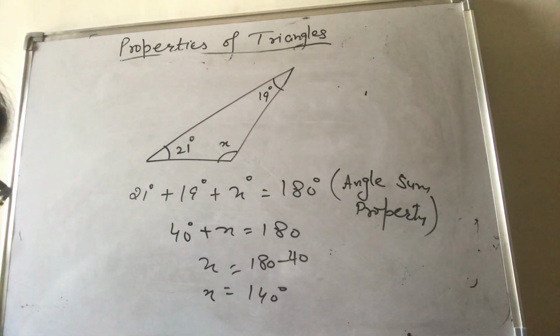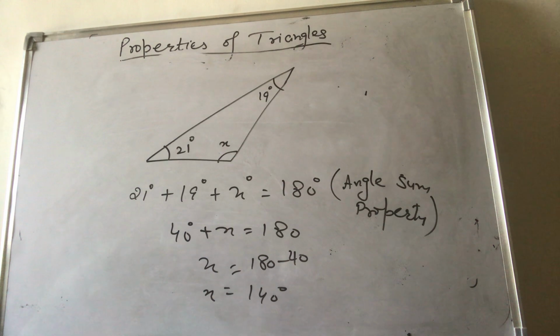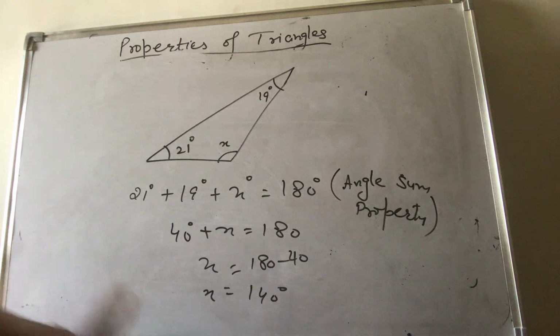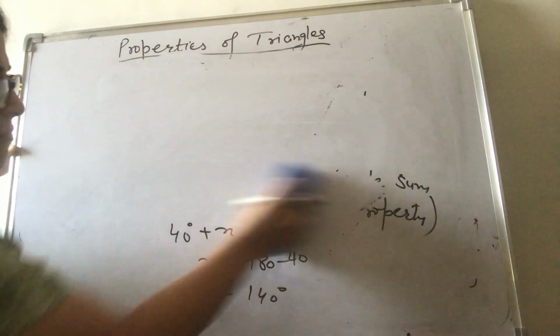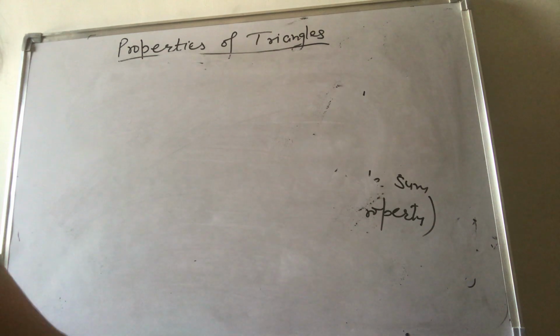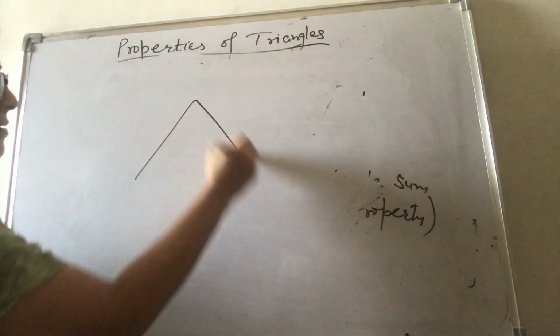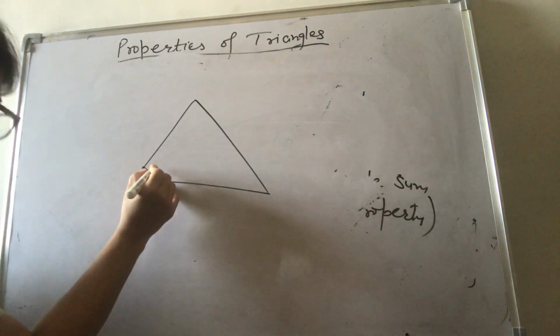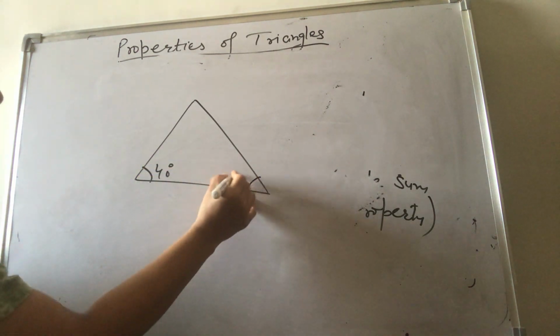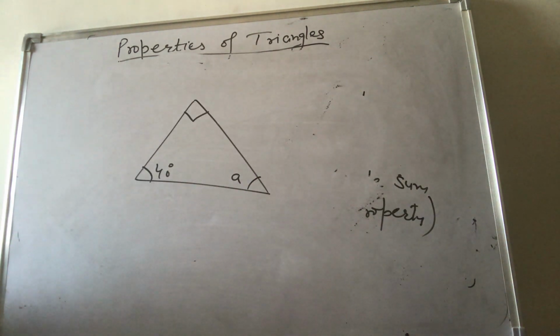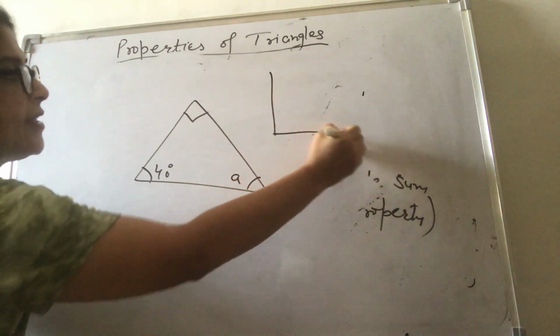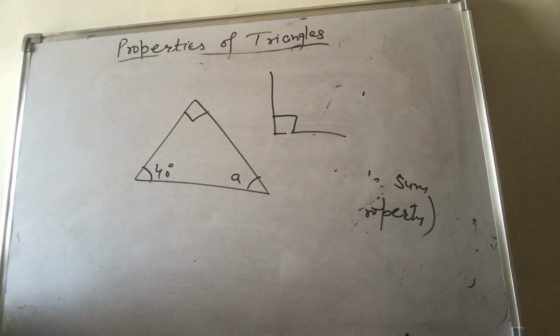See, question number 1, C and D part. We are given one angle as 40 degree, another angle is A degree, but the third angle we are not given, but we are given a symbol. As this is 40 degree, this is A, and we are given this symbol, and we know that this is the symbol of 90 degree.